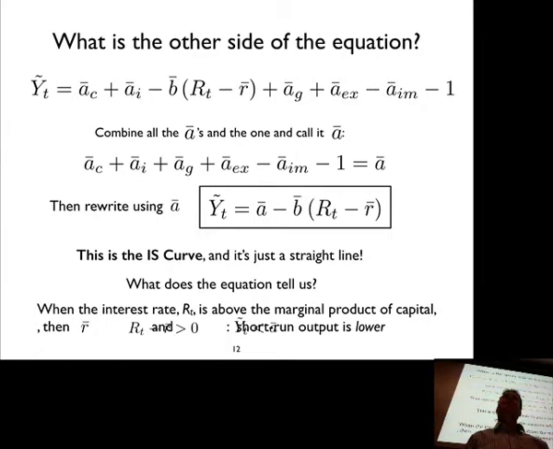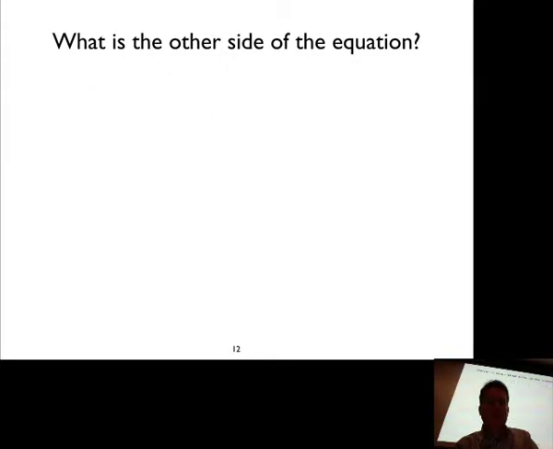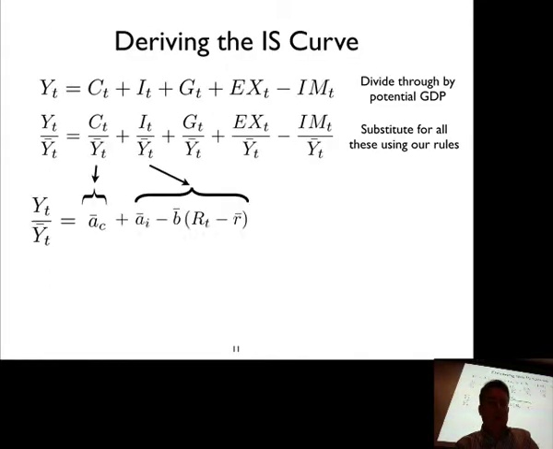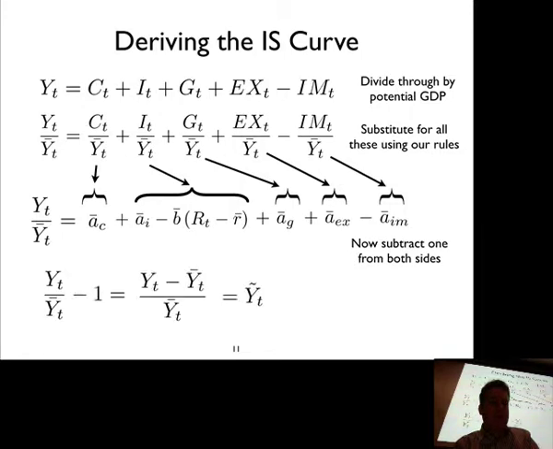And then, is it also Y T -1 equals all that -1? So what about the -1 on the left-hand side? That's also a good question. Well, it's kind of there, but it's part of Y tilde. So let me back up to the previous slide and show you. We're subtracting 1 from both sides. On the left-hand side is Y over Y bar originally, and then we're subtracting 1 from both sides.